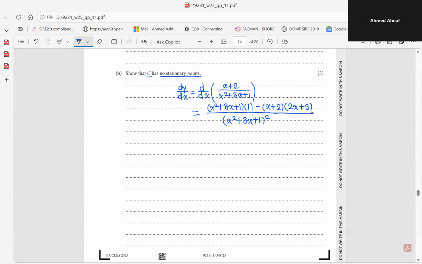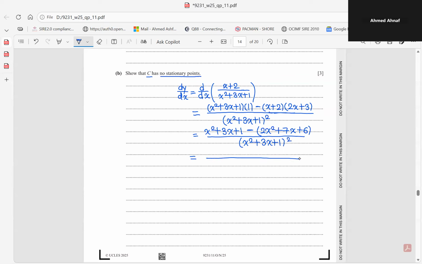Okay, now let's try to expand the numerator a bit. So plus 1, then minus 2x times x, that's 2x squared. And x times 3, that's 3x, and 2 times 2x, that's 4x. So that's total 7x, plus 2 times 3, that is 6, over x squared plus 3x plus 1, squared.